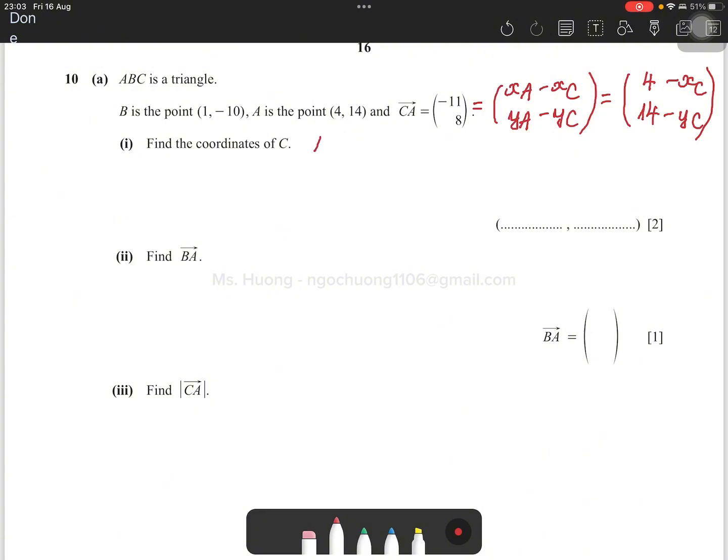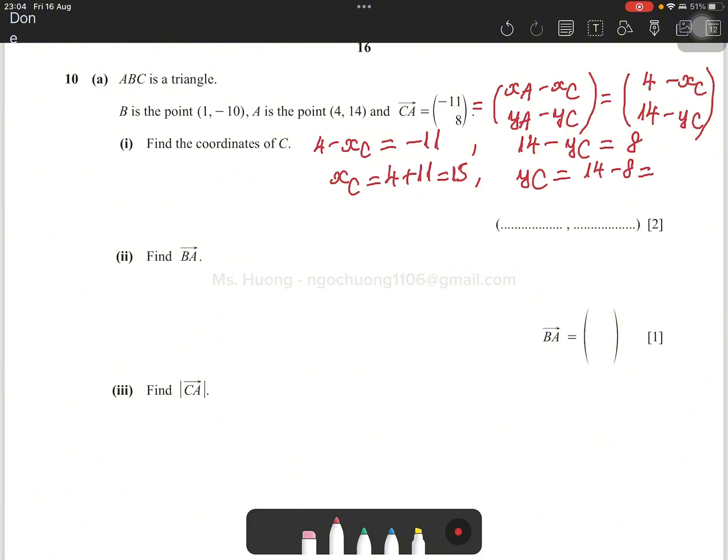This means 4 minus XC is equal to negative 11, and 14 minus YC is 8. So XC is equal to 4 plus 11 equals 15. And YC is 14 minus 8 equals 6. So the coordinate of C is 15, 6.